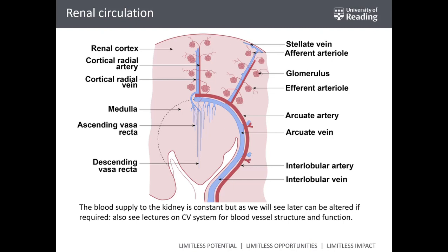So the blood supply to the kidney is fundamental for two reasons. One, the kidney is a tissue like any other tissue. It needs blood to survive. Two, the function of the kidney is to filter blood. So the function of the kidney itself requires constant supply of blood.